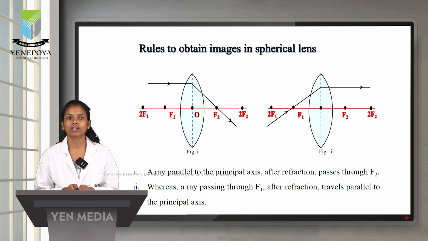In the case of convex lens, the first characteristic ray is the one which comes parallel to the principal axis; after refraction it passes through the principal focus F2 of the lens, whereas a ray passing through the principal focus F1 after refraction travels parallel to the principal axis. This is depicted in figures 1 and 2 respectively.